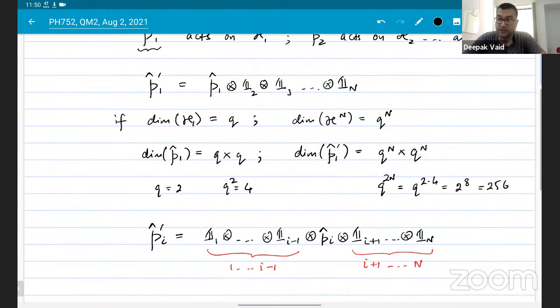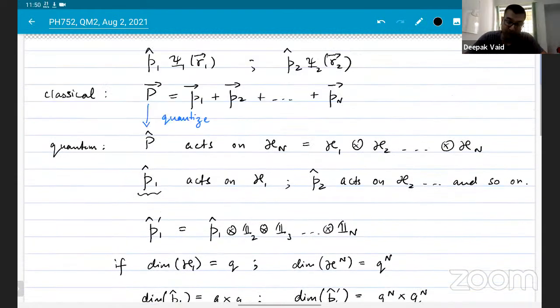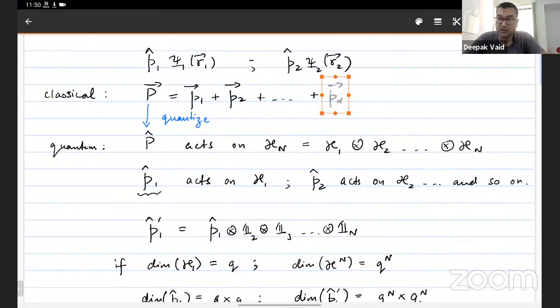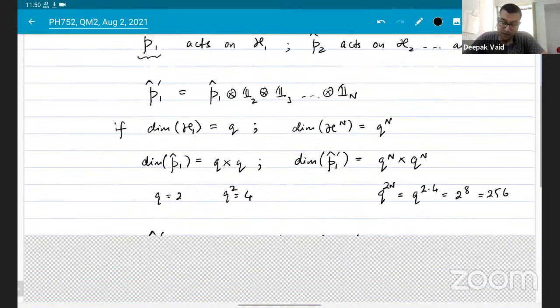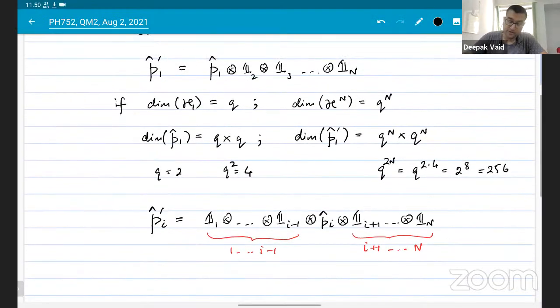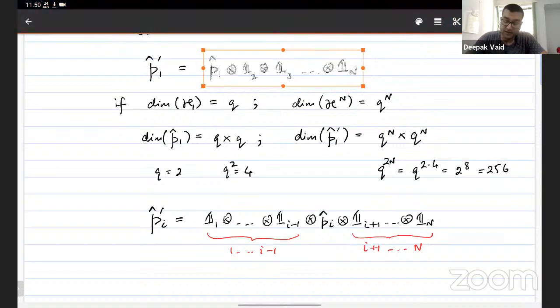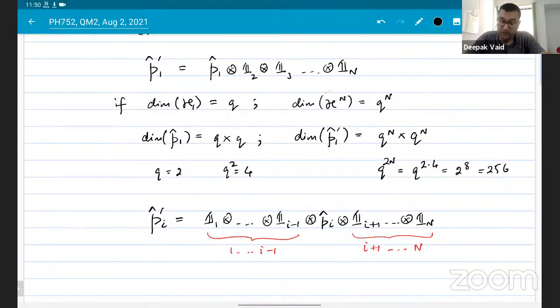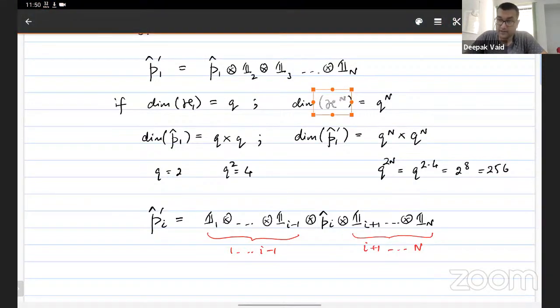This is how we define operators which are the equivalent of these classical momenta. Now that I have defined my operators, these operators act on what? They act on Hn, right?